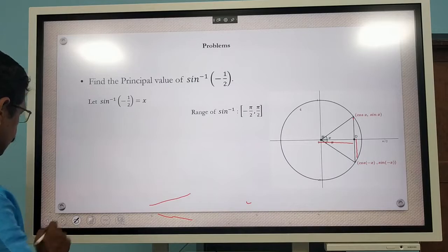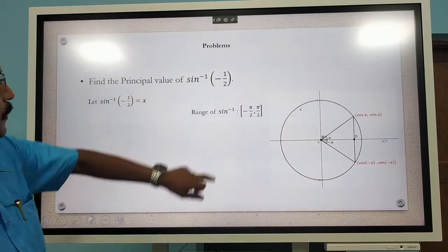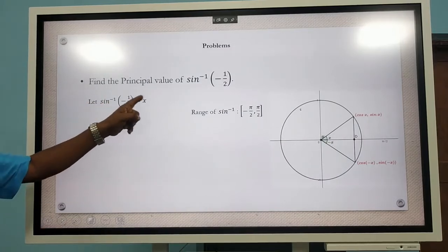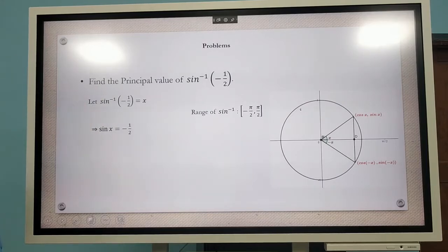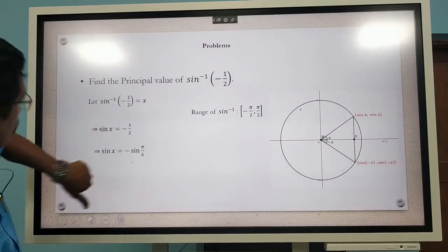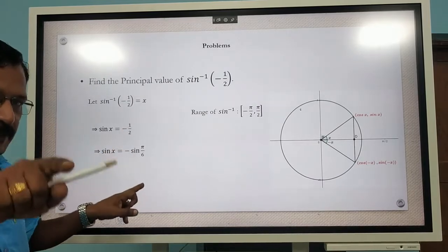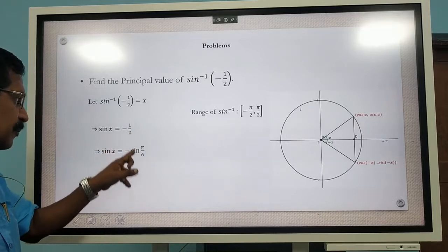Now, sine inverse minus 1 by 2 equal to x implies sin x is equal to minus 1 by 2. Sin pi by 6 is 1 by 2, so I am taking sin pi by 6 instead of 1 by 2.